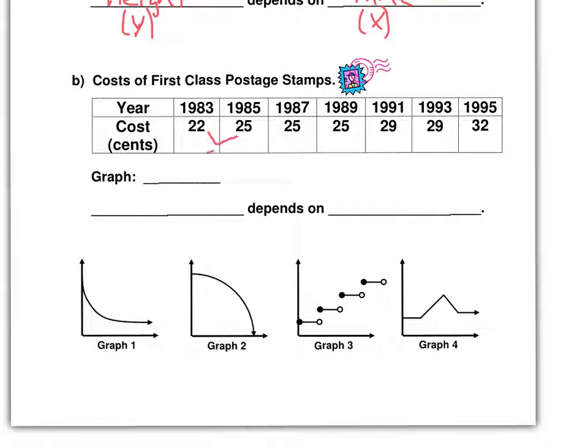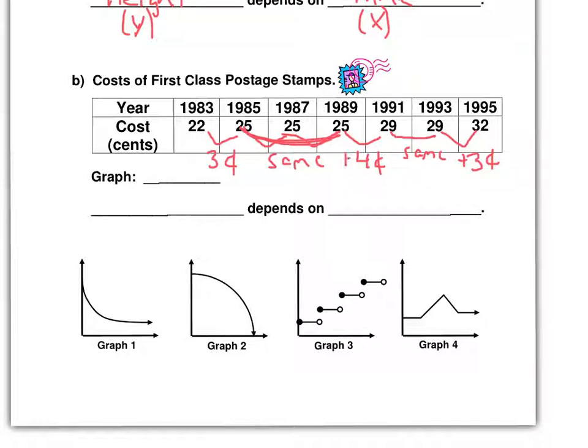It's up by 3 cents here, and stays the same actually there. So here it stays the same, and then it stays the same here. So all through this section it stays the same, and then it goes up by 4 cents, and then it stays the same again, and then it goes up by 3 cents.